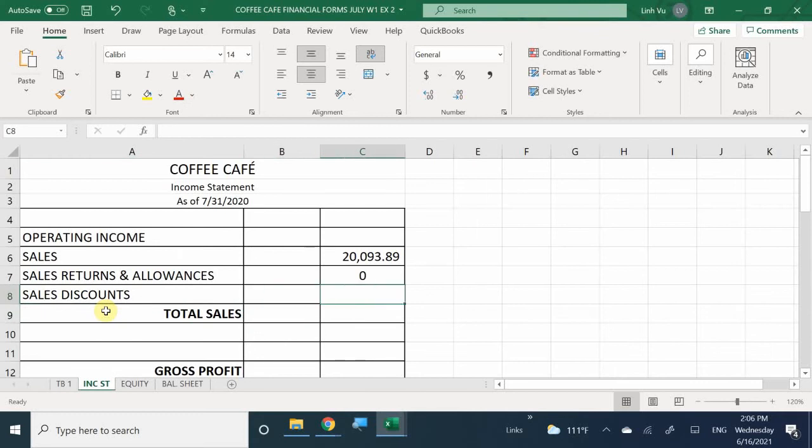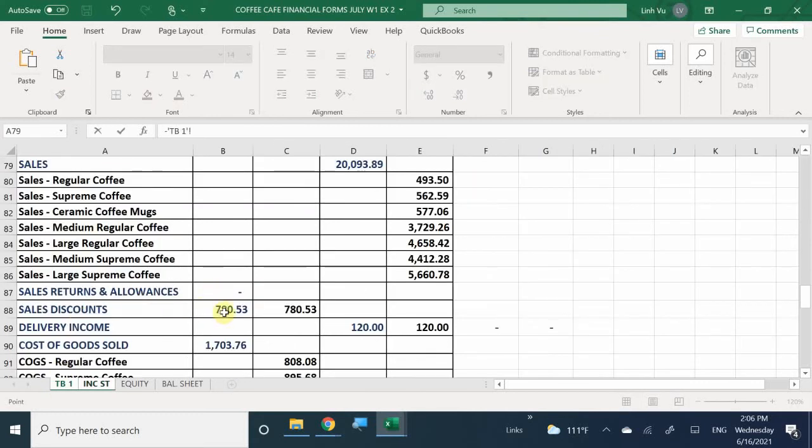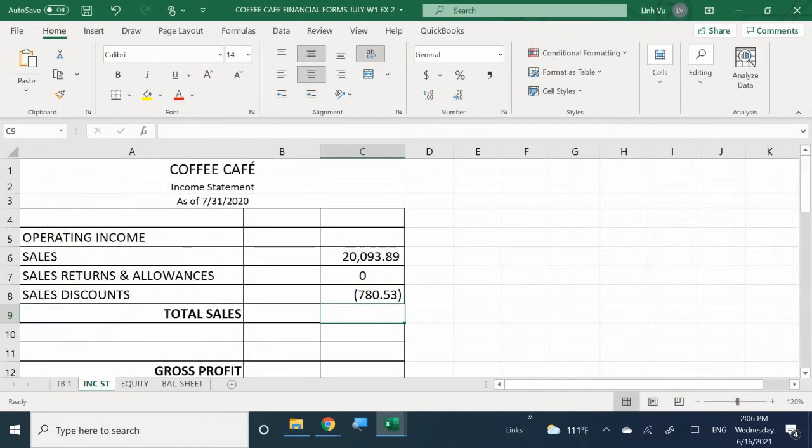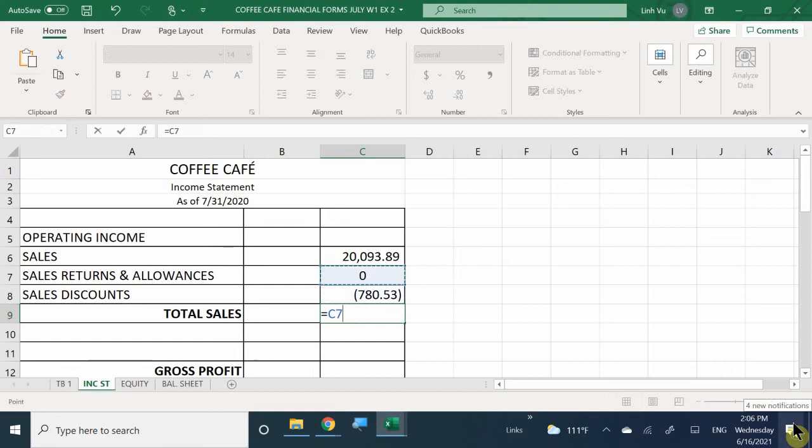Yes, good. Now in this case, it's going to be negative to me because it goes against my actual sales. So in this case, how much was my total sales for the first week of July? 19,313.36.